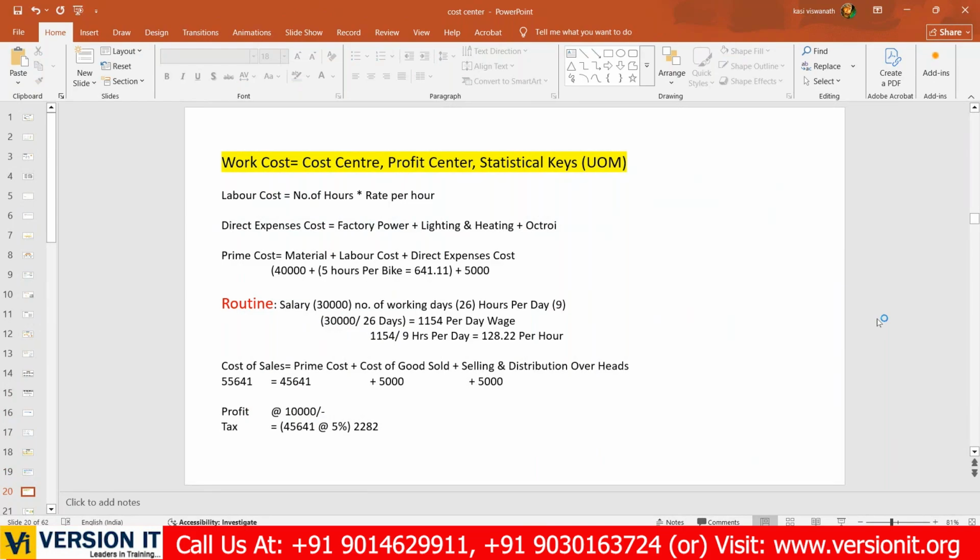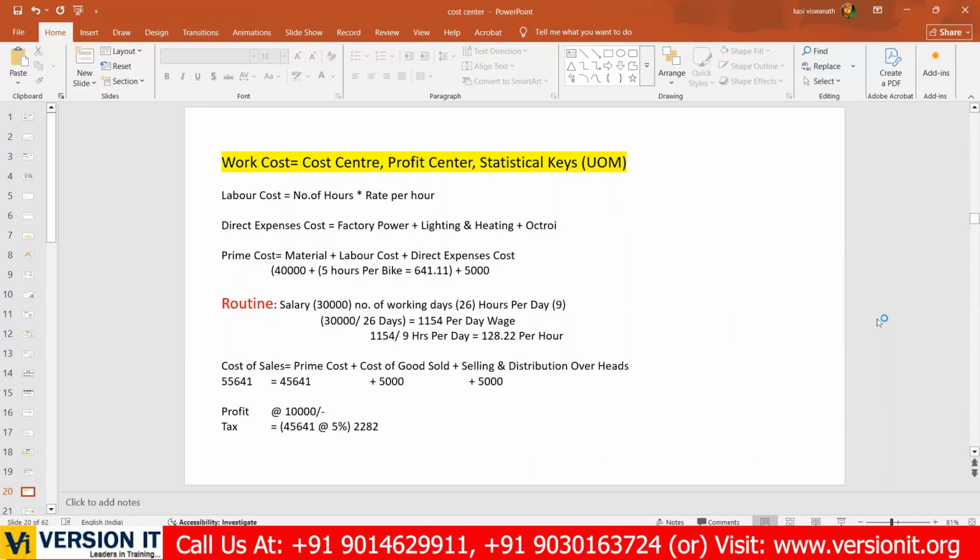Number of hours into rate per hour. Right? Next, direct expense cost.